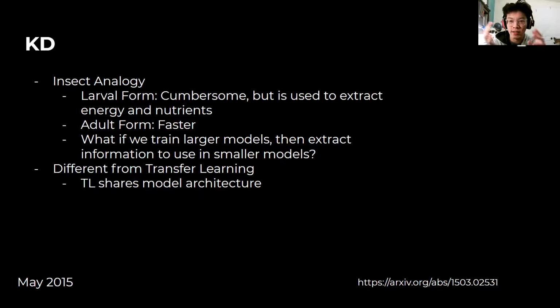In transfer learning, we still mostly keep the same architecture, and usually we just swap out the heads for different tasks. But for knowledge distillation, we're talking about two completely different models, a student and a teacher model, that just learn from each other.